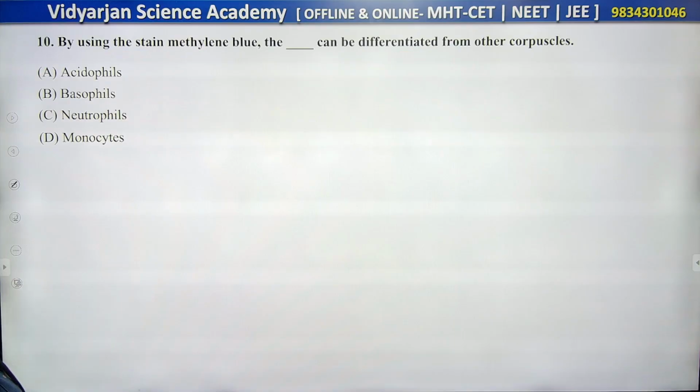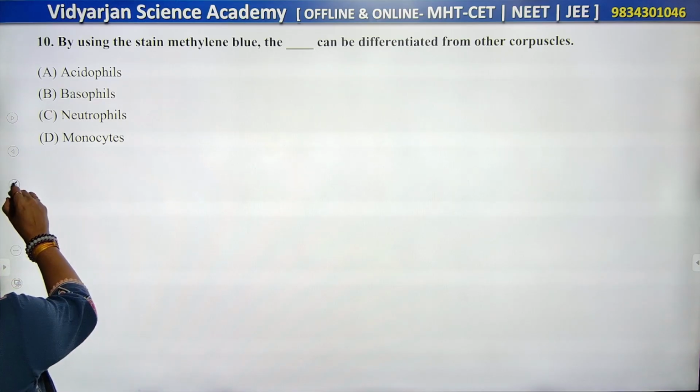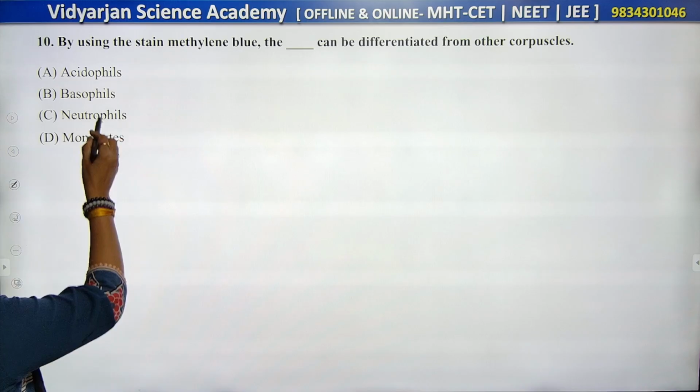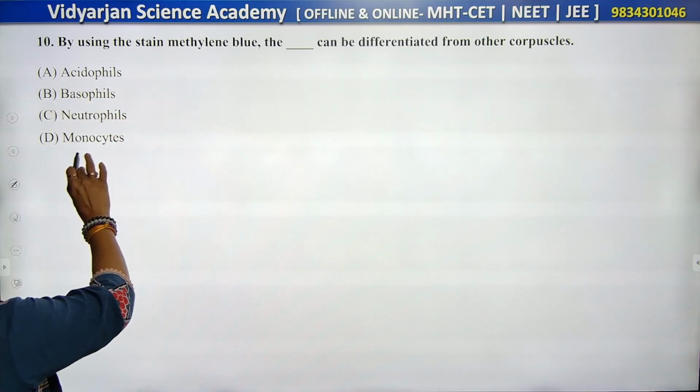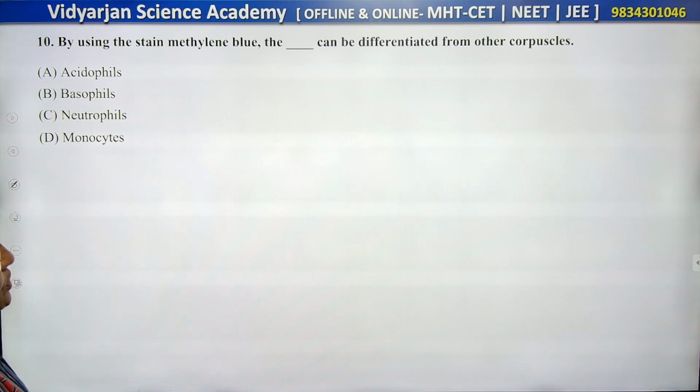Next, by using the methylene blue, the dash can be differentiated from other corpuscles. Options given are acidophils, basophils, neutrophils and monocytes. So what should be your answer here? Come on, tell me.